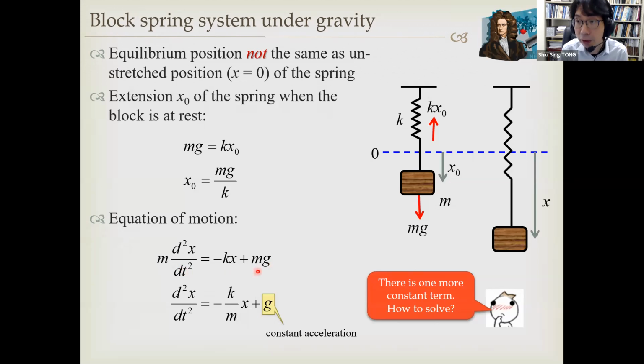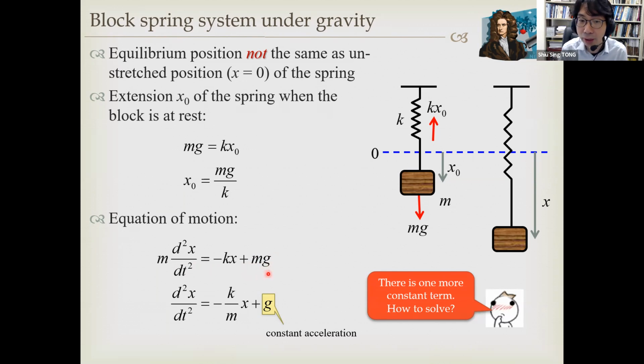So we have the differential equation now. You should note that this differential equation is not much different from the SHM equation that we have solved. We only have an additional term, which is actually a constant term mg. Apart from this term, the equation is very similar to what we have solved before.